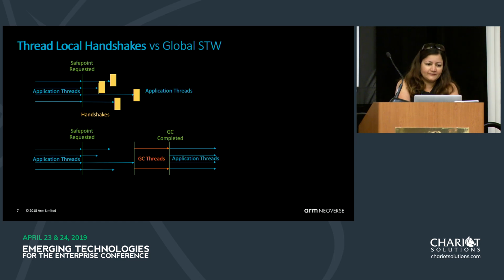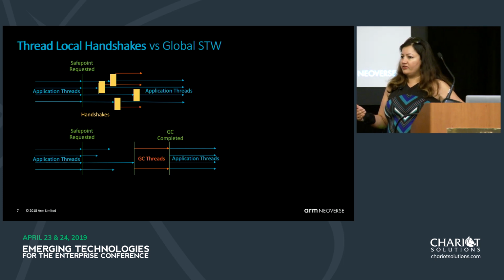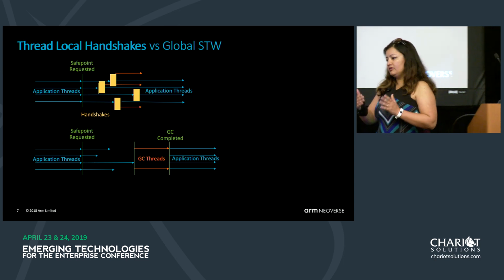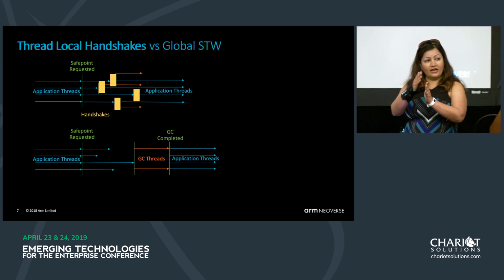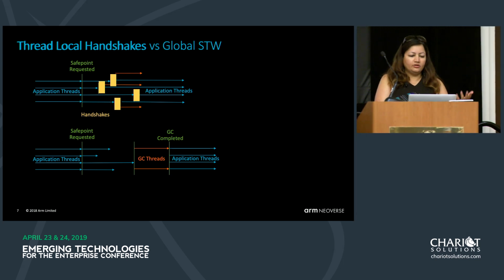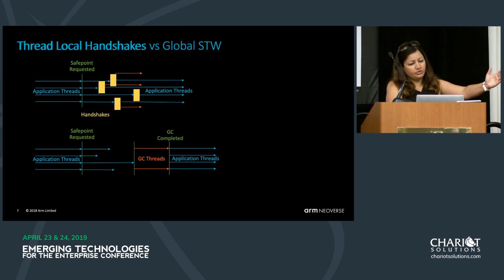Those are called handshakes. And then your application threads can resume, and your GC threads can work concurrently, or if it's stop the world, then they will continue from the handshakes onwards. So basically between a global stop the world and a thread local handshake, you can see the differences. Application threads start resuming work earlier, so it's a shorter kind of pause.